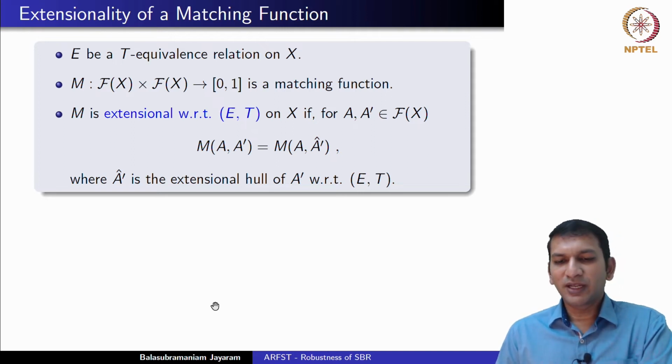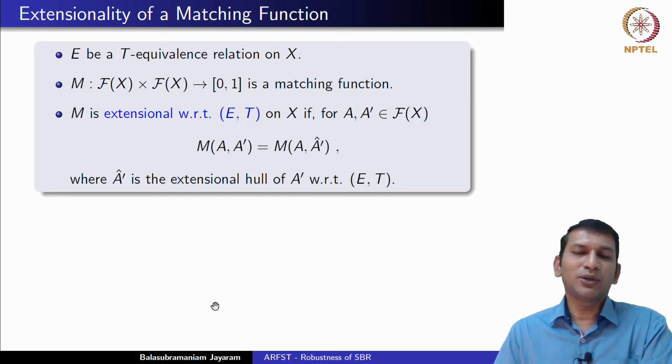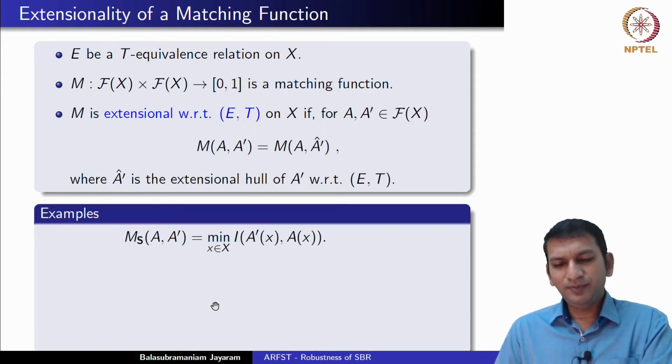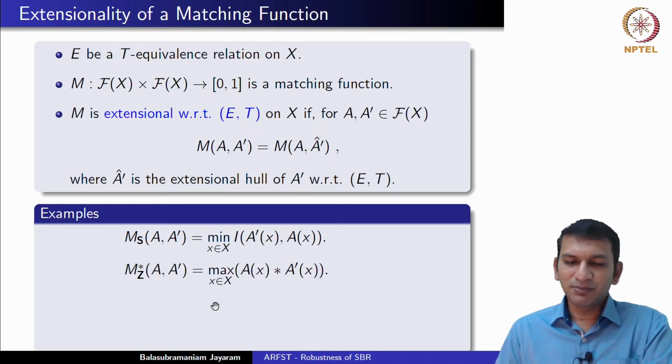So essentially all we are asking is, if you match A dash to A, the matching function should give the same value as if you are matching the extensional hull of A dash to A. Are there examples of such matching functions? Well, the usual suspects, the matching functions that you have seen before, the Zadeh and Smith-Margrave matching functions, in fact, satisfy this condition.